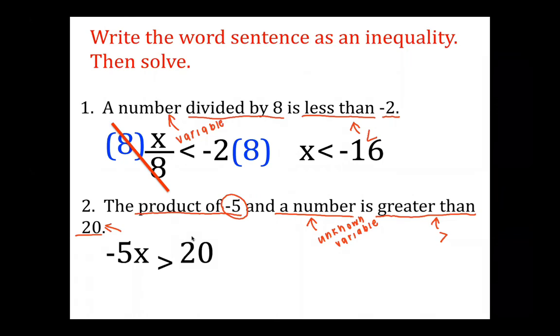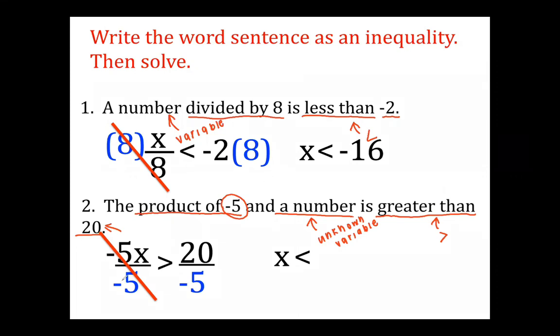Now that you have your inequality, go ahead and solve it for x by first dividing both sides by -5. -5 will cancel. Now you're left with x is less than.